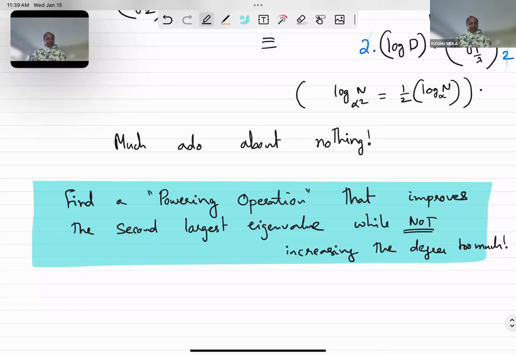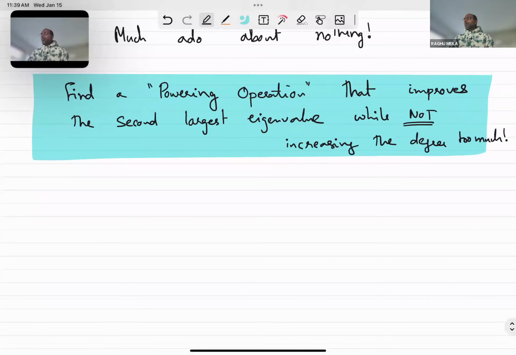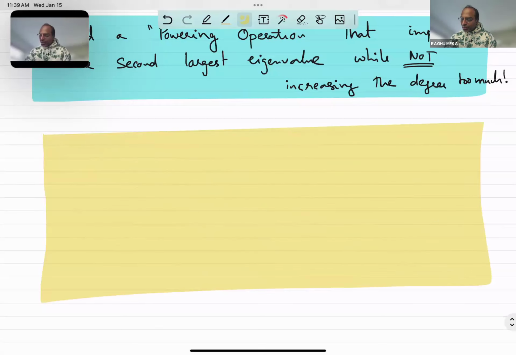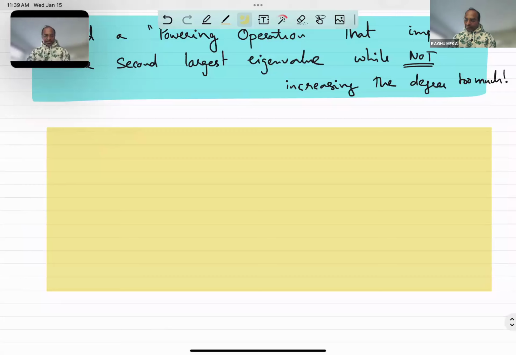And this is exactly what Reingold did. In some sense, he used an existing powering operation, and studying that powering operation is worthwhile just for its own sake. But let me write that main template down.